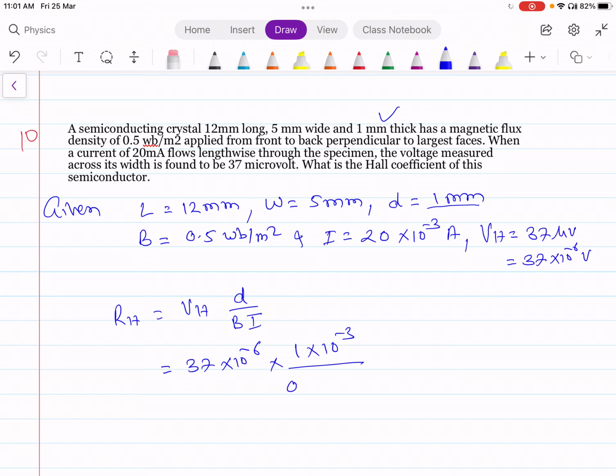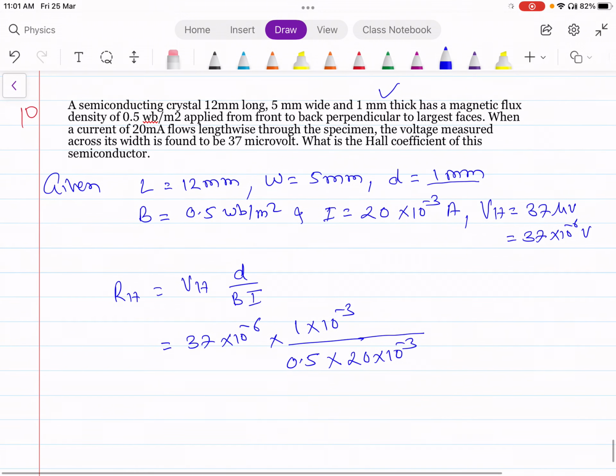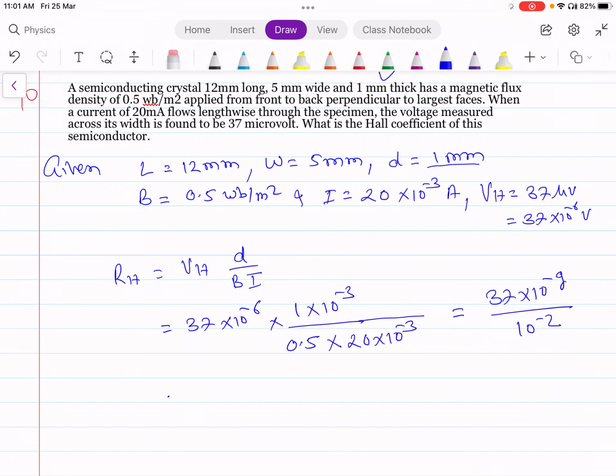B is 0.5 Weber per meter square into I is 20 into 10 raised to minus 3 ampere. If you simplify this, you get 37 into 10 raised to minus 9 divided by 10 to power minus 2, and that is equal to 3.7 into 10 raised to minus 6 meter cube per coulomb, and this is the Hall coefficient.